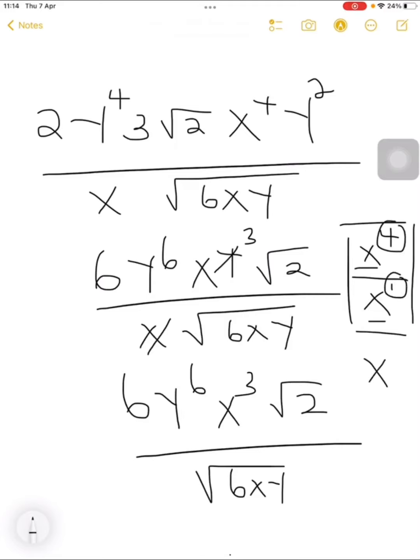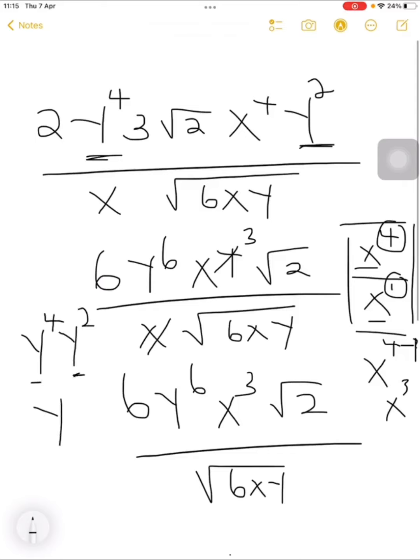So you'll have just one base, and then you subtract the powers, which is 4 and 1, and then you will get x³, and the same goes to 6. Sorry, the y⁴ and the y². You're multiplying it like this. You have the same base, which is y, so you'll have to add the powers, and therefore we got y⁶.